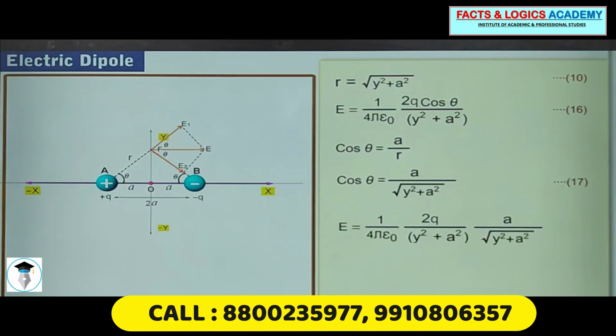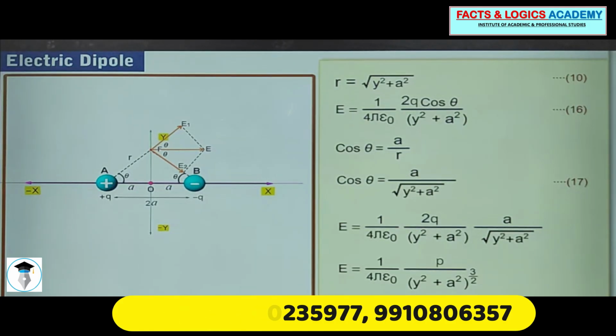Substituting equation 17 in equation 16 and simplifying, we get the equation for the magnitude of the resultant electric field E at point F. Since the dipole moment p is equal to 2aq, we get E is equal to 1 by 4 pi epsilon naught into p by y square plus a square whole power 3 by 2.